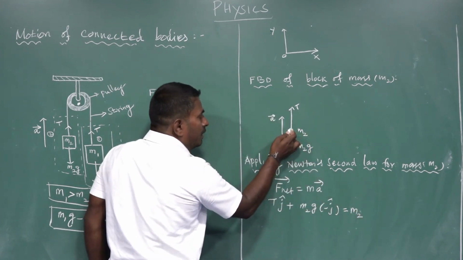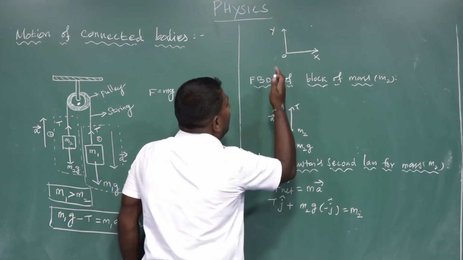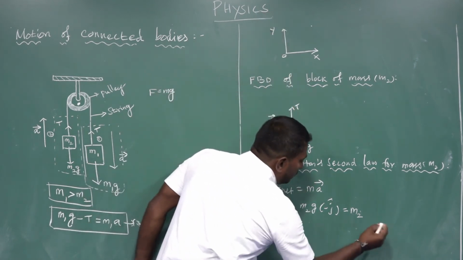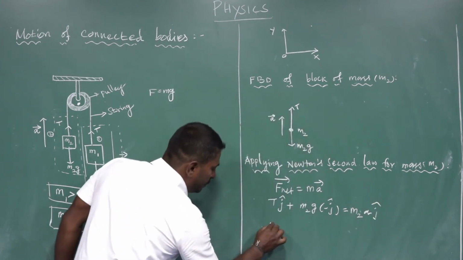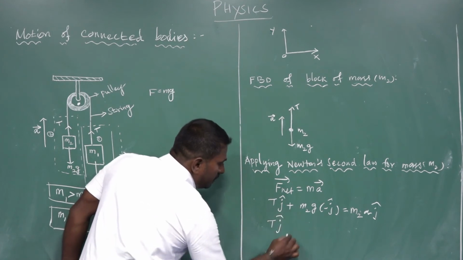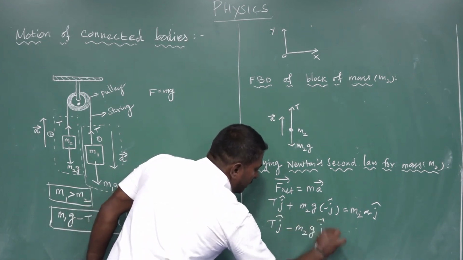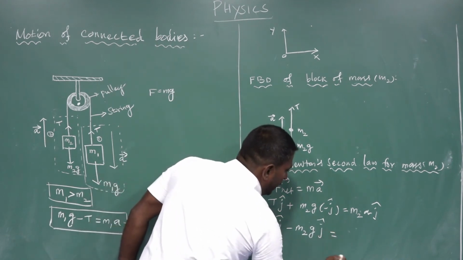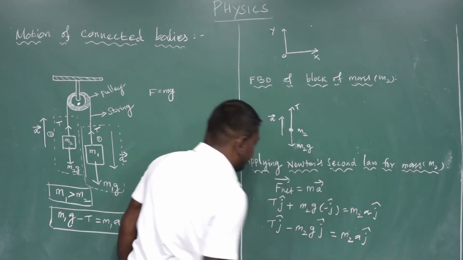times the acceleration of the block of mass M2, which acts vertically upward along the positive y-axis, A j cap. So T j cap minus M2 G j cap is equal to M2 A j cap.